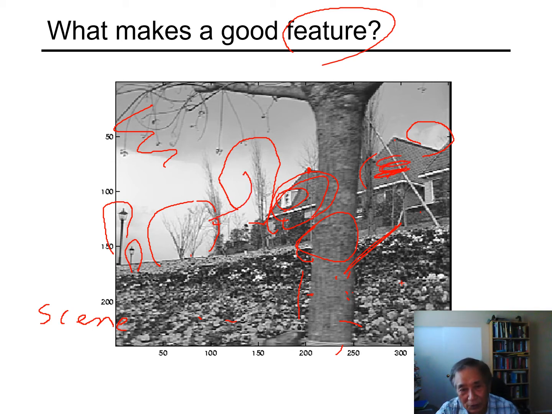What kind of material it is, maybe roofing, some kind of rock, some kind of dirt. So we have different aspects of the picture, and some are very easy to detect and significant enough, some are not. So some are good features, some are not so good.